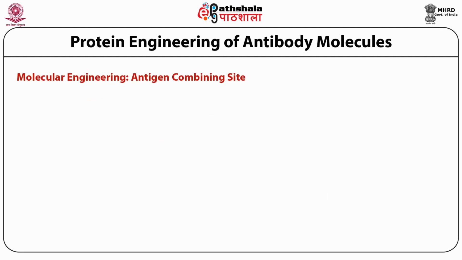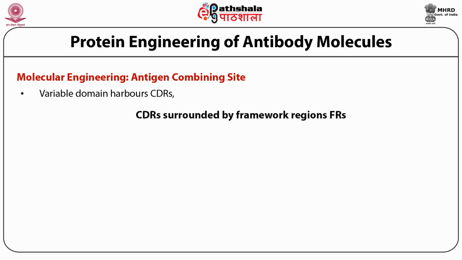We are still continuing with molecular engineering of the antigen combining site. As I was discussing, random as well as site-directed mutagenesis can modulate the variable domain of the antigen binding site. Now, we know that the CDRs are surrounded by framework regions, which mainly maintain the three-dimensional topography of the CDRs.